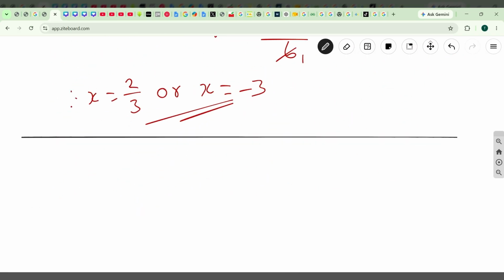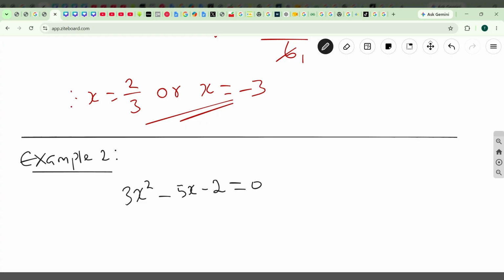Example 2: if we have 3x squared minus 5x minus 2 is equal to 0.